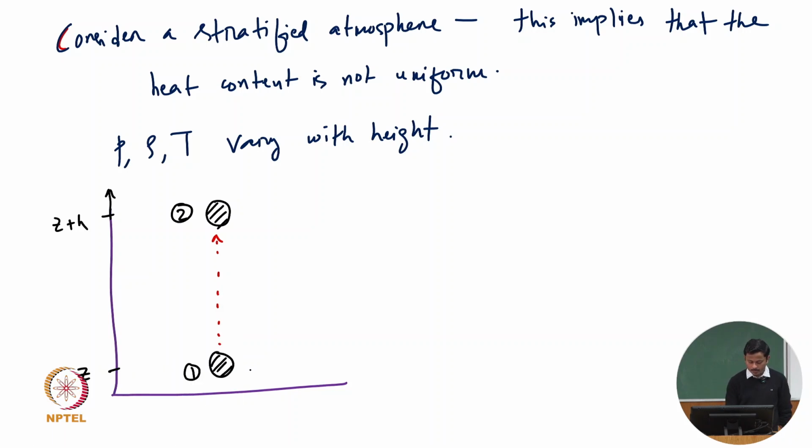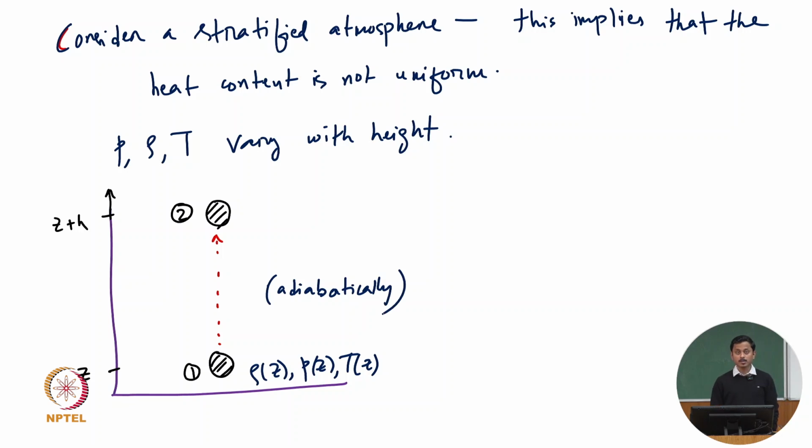Now the quantities at location 1 are rho z, p z, T z. These are the values of the pressure, density and temperature at location z, and now the parcel is moved to location z plus h. So this parcel of fluid is moved adiabatically from 1 to 2.